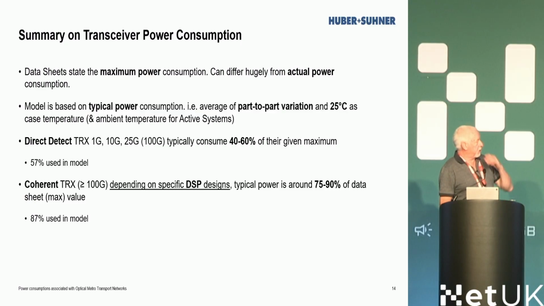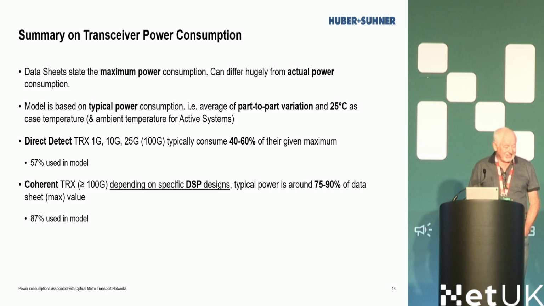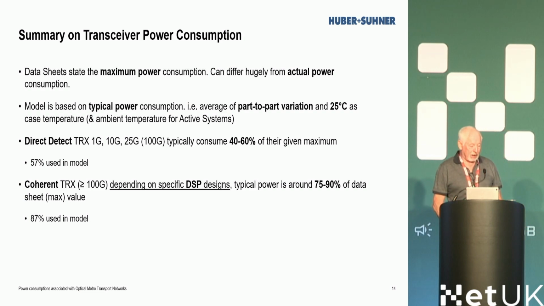So just on the transceiver power, the data sheets state the maximum power, which can vary hugely from the actual power used. Temperature makes a difference.